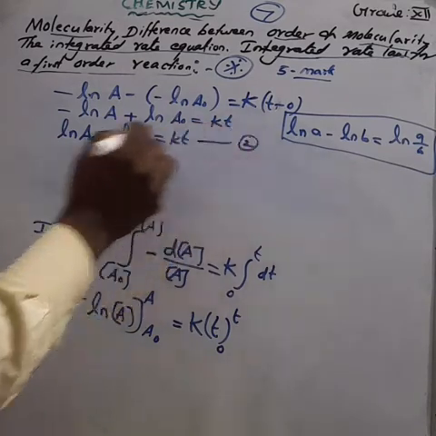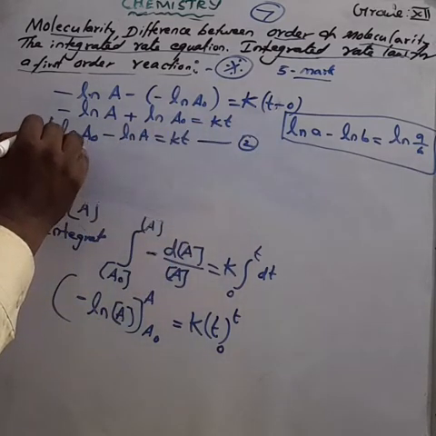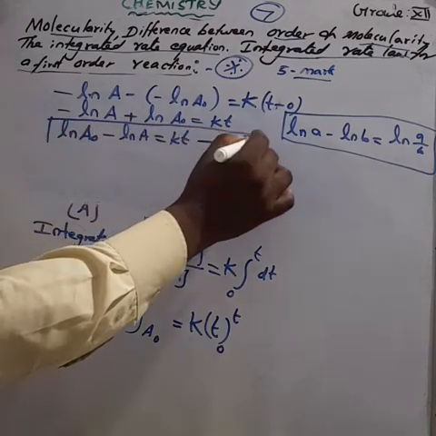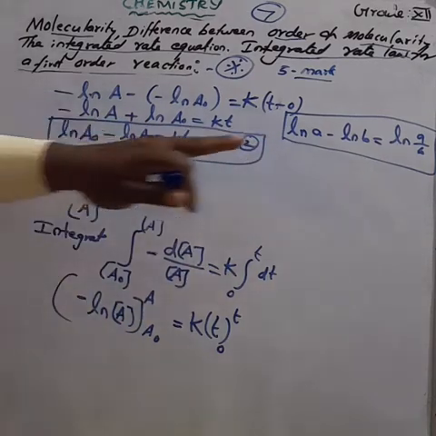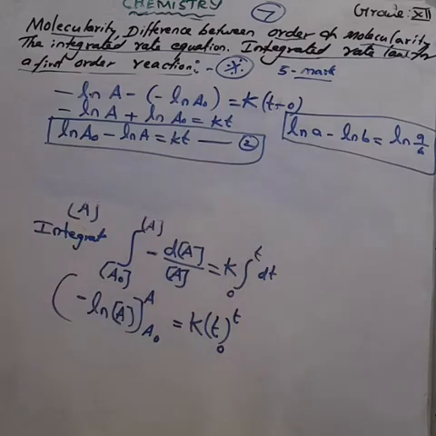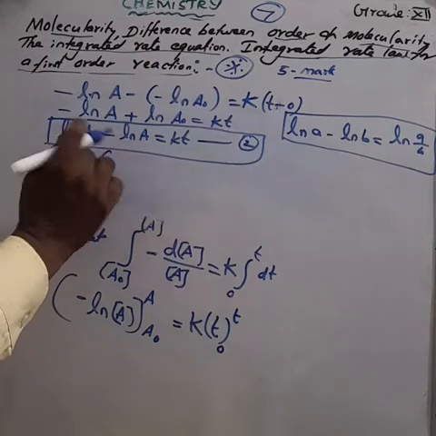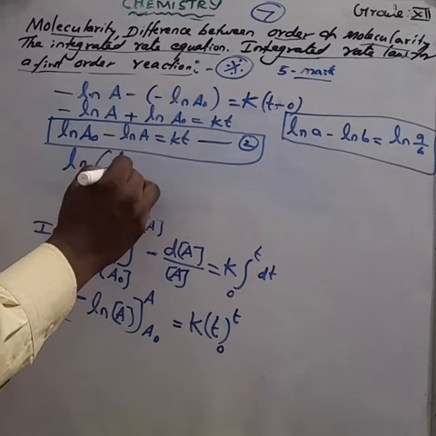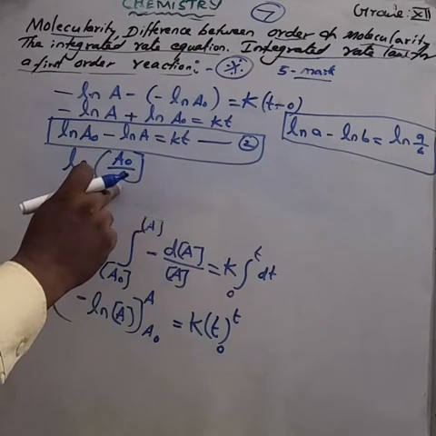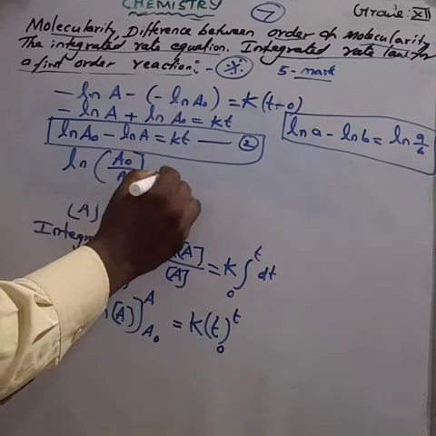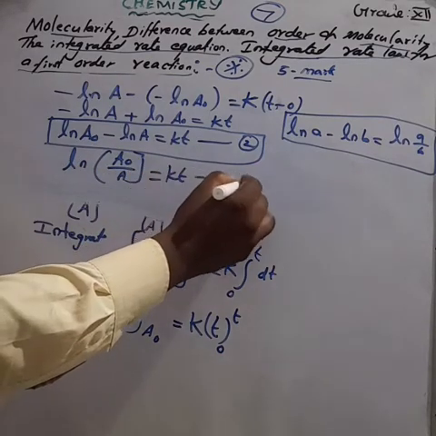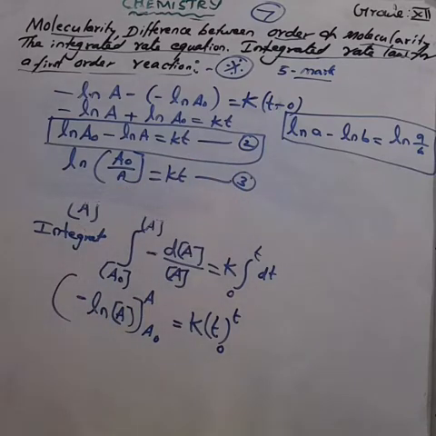As per the formula, log A minus log B is equal to log A by B. As we are using ln here, I'm writing ln of the concentration of A naught divided by the concentration of A is equal to KT. Now I am using the natural logarithm.